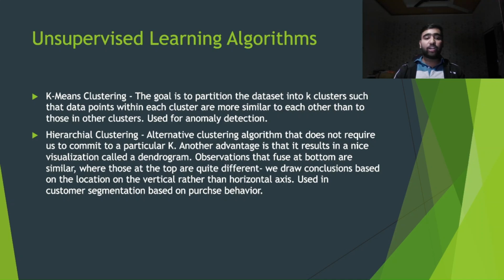So basically in a dendrogram, as we move up, the dissimilarities between the data points increase. So for the most similar data points, the vertical distance would be less. It is used in customer segmentation basically to identify purchase behavior.